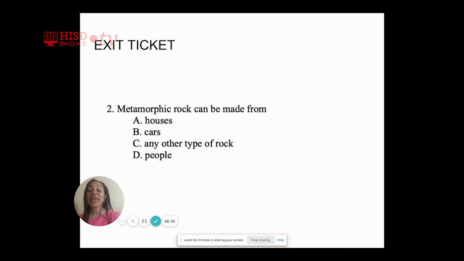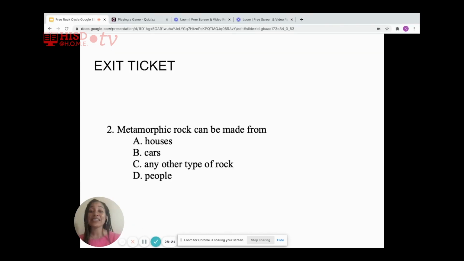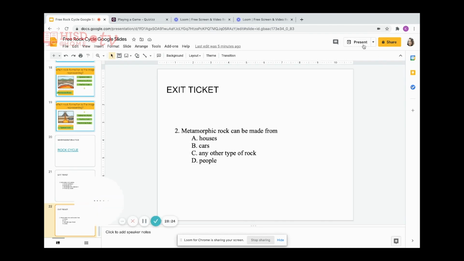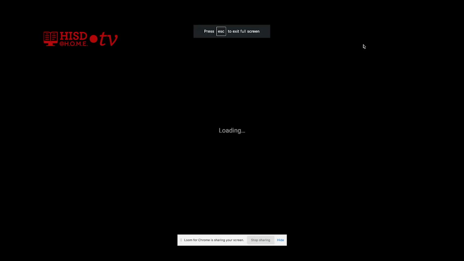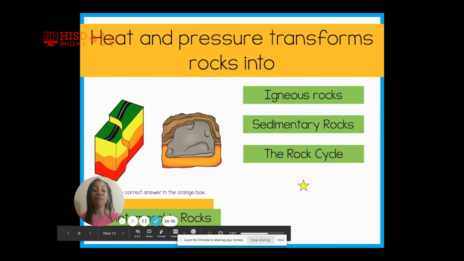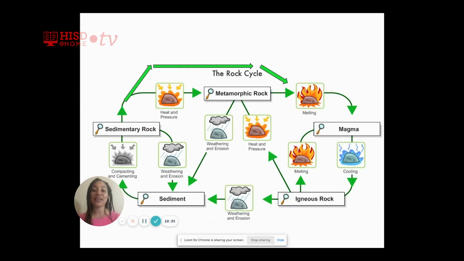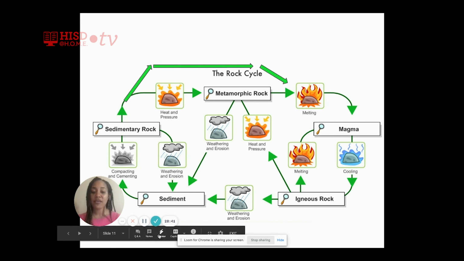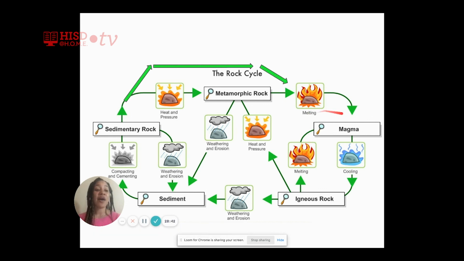So before we end today's session, we're going to just do a quick review. Let me pull that up. And I'll just go back on the three rocks that make up the rock cycle. And so again, if we're on this graphic, and I'll get my pointer, we have magma here.